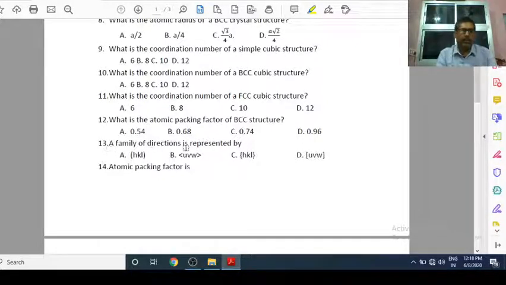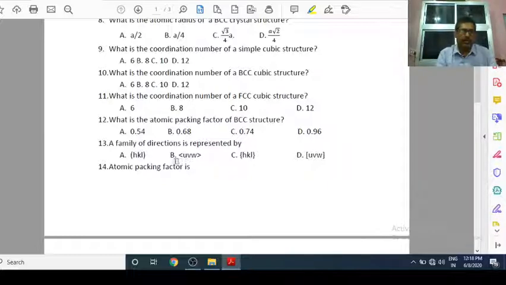13. A family of directions is represented by. As stated earlier, in a crystal there are a large number of planes having a large number of orientations, and these planes are delineated by three numbers. One option is HKL.